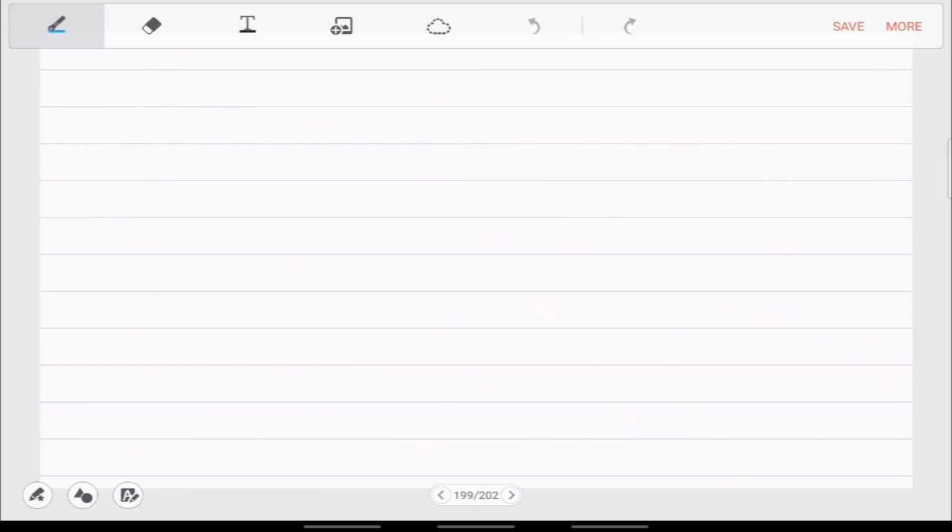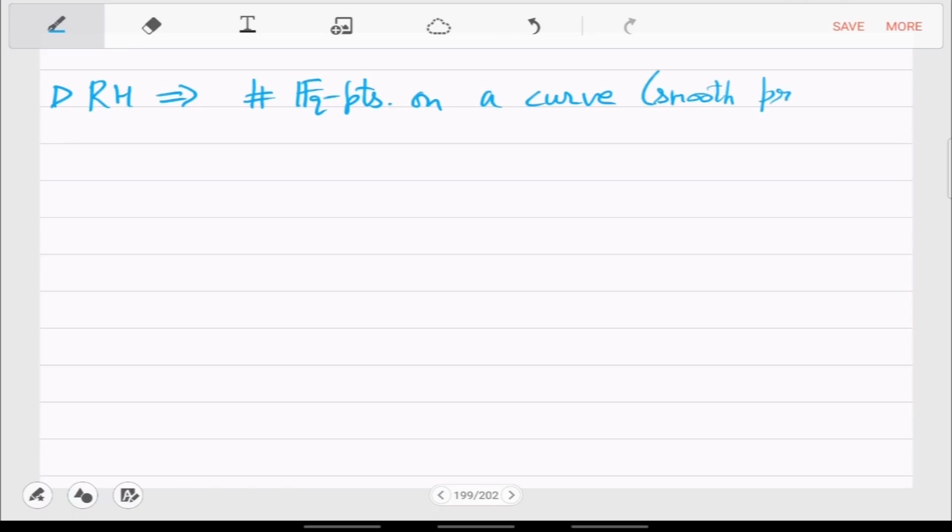So this means that the number of F_q points on C, and when we say curve we obviously mean smooth projective, on a curve F_q points are in the range q plus 1 plus or minus 2g square root q.